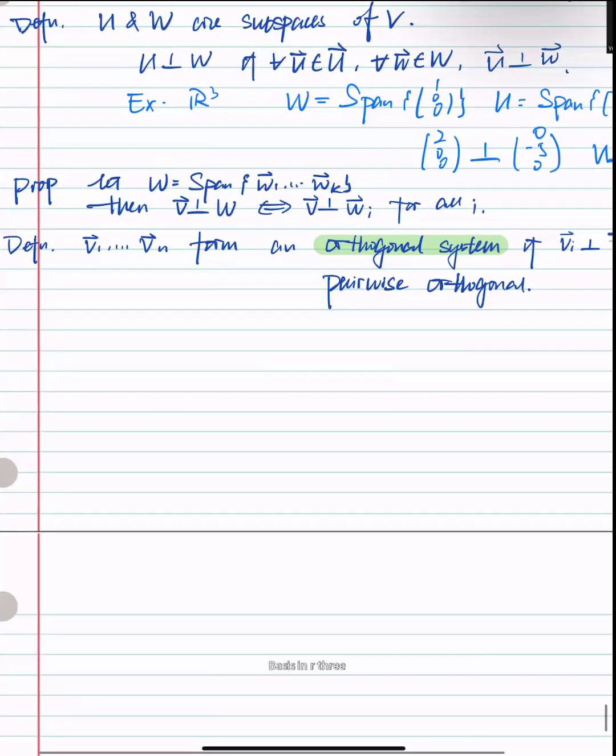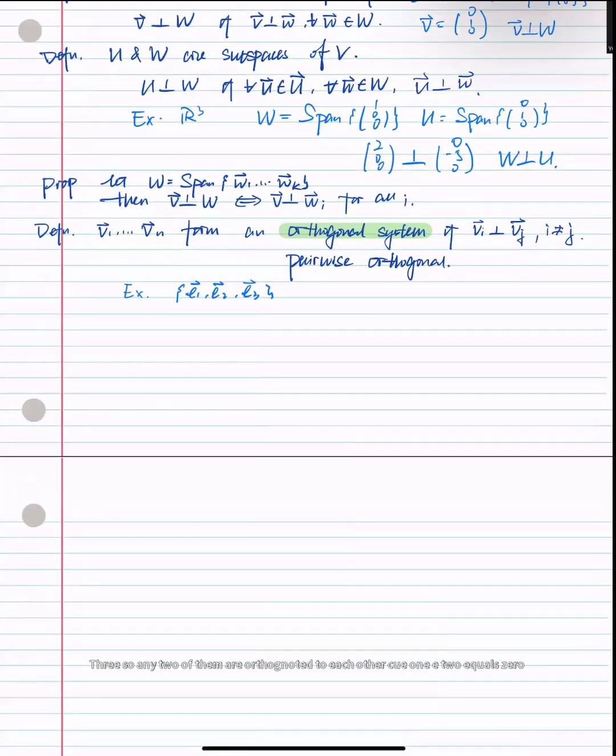An example of this can be the standard basis in R3. We have E1, E2, and E3, and any two of them are orthogonal to each other, because the inner product of E1 and E2 equals 0, E2 and E3 are orthogonal, and E1 and E3 are orthogonal.